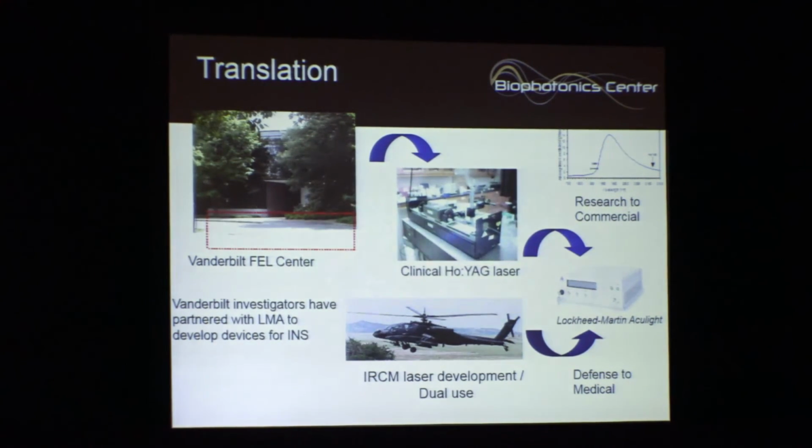So we settled on 2.1 because we had a clinical holmium-YAG laser that we could take into the clinic if we needed to. We found we could stimulate very reliably using the holmium-YAG, which led to the Lockheed Martin AcuLite Capella lasers. That's what we call them, the optical stimulators, who took this defense technology to build this box for us.